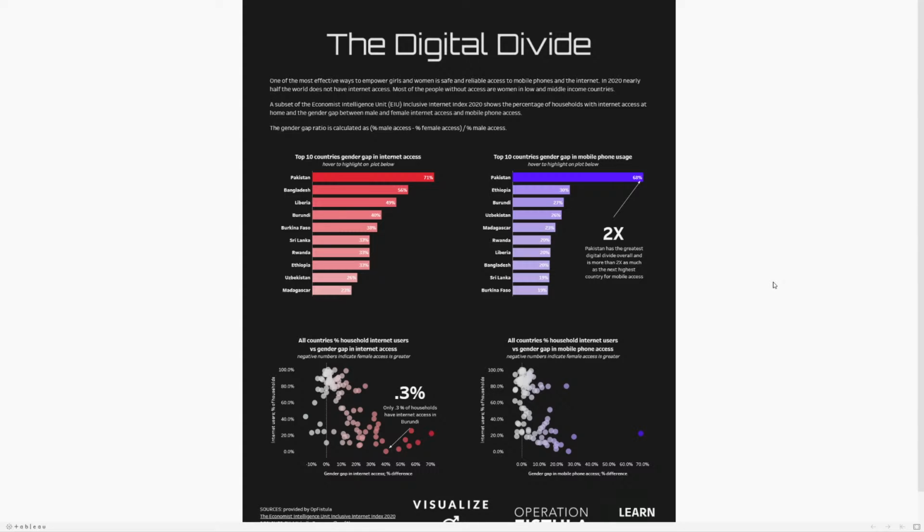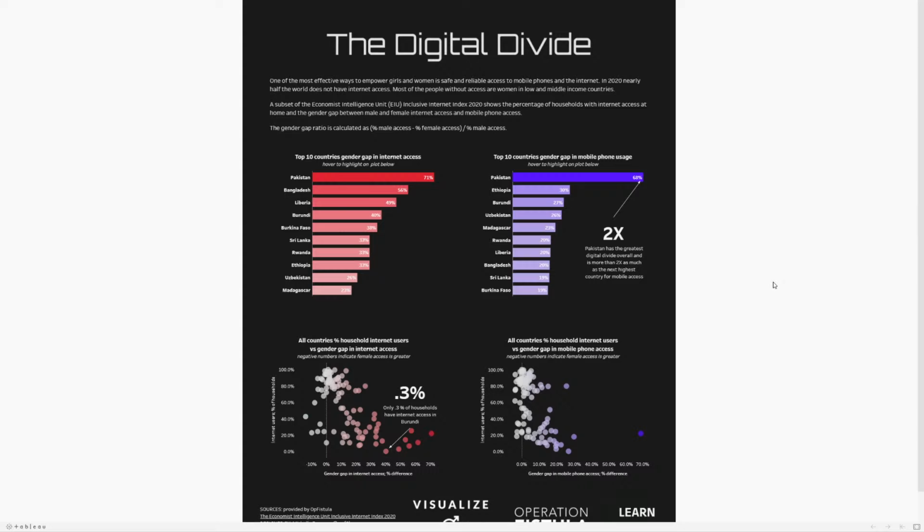And then on the right side, I'm just going to read out the annotation for Pakistan. It says, Pakistan has the greatest digital divide overall and is more than 2 times as much as the next highest country for mobile access. I think it's just that second part of the sentence where I'm stumbling over the words, and I'm not sure about the grammar, but there's maybe a more elegant way to say that.